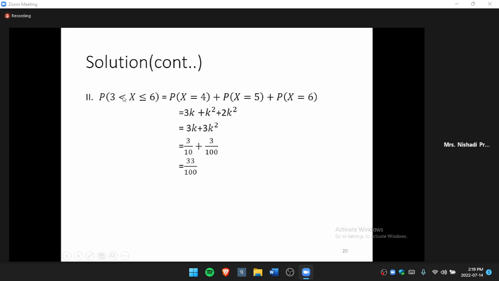But x cannot be equal to 3, because x is greater than 3. Finally, you will get 3k + k² + 2k², which is 3k + 3k², that is 3/10 + 3/100. Finally, that is equal to 33/100.